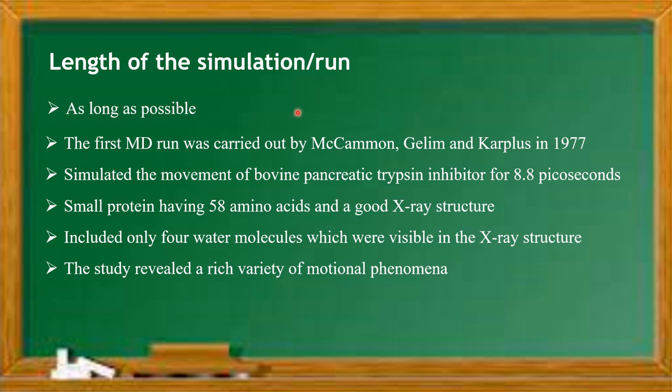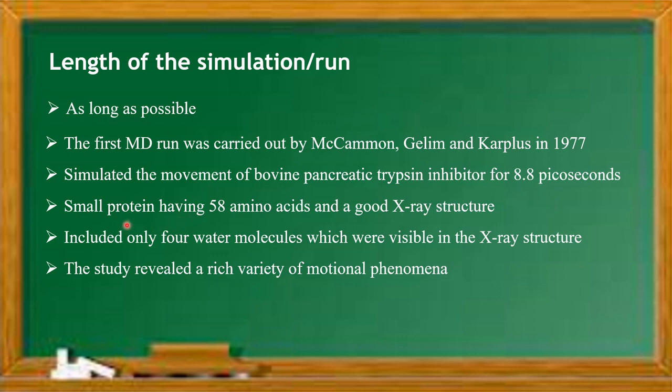Here I want to mention that the first molecular dynamics run was carried out by the scientists McCammon, Gelin and Karplus in 1977. They simulated the movement of a protein called bovine pancreatic trypsin inhibitor for a time period of 8.8 picoseconds.